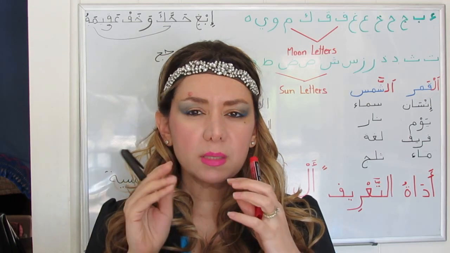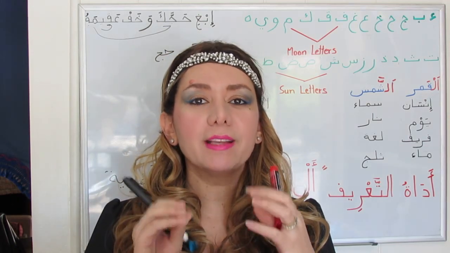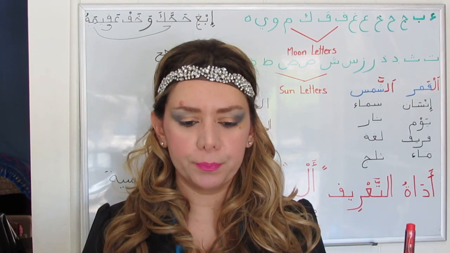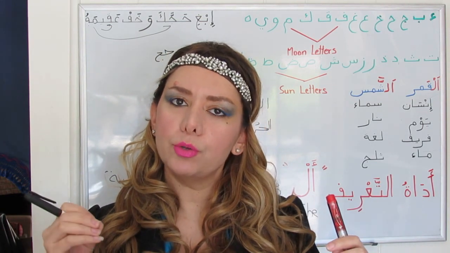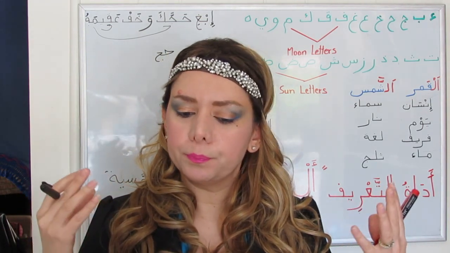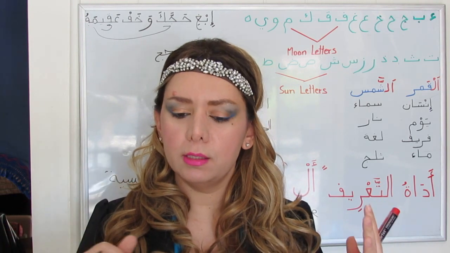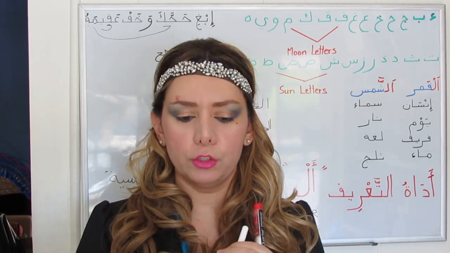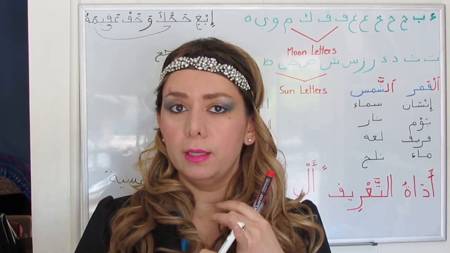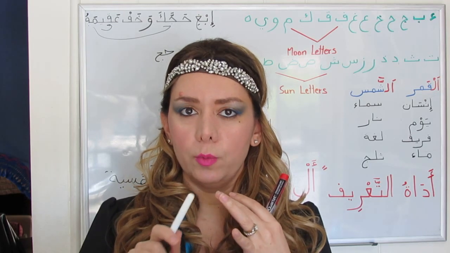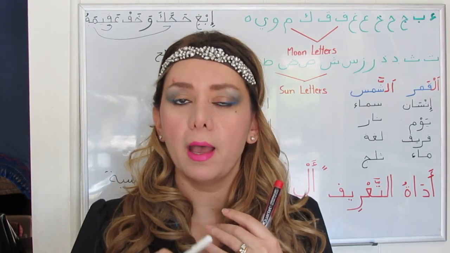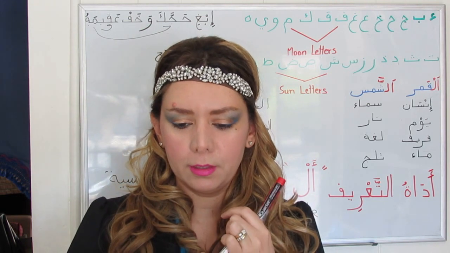So this process is known as assimilation. It is an easy way to make the pronunciation easier, just like the way English does with the indefinite article a. So we say a book, but an eagle.